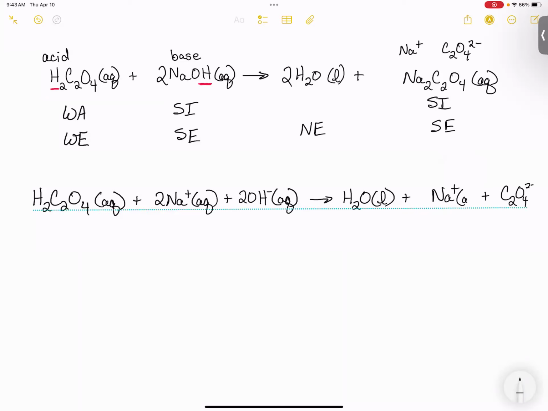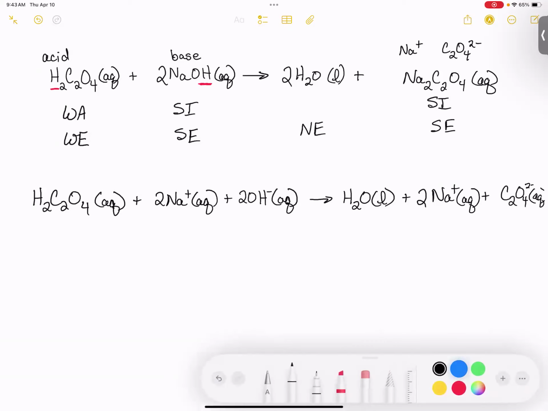The ions will have the same state of matter as the parent, but that 2 in the sodium oxalate, the 2 sodiums, becomes a coefficient because that 2 was strictly there to make that compound charge neutral. So this is the complete ionic equation.